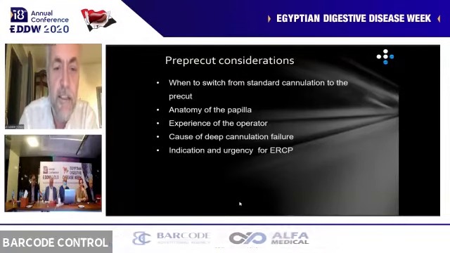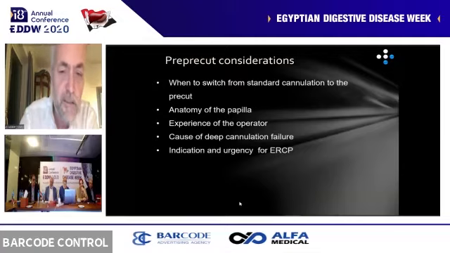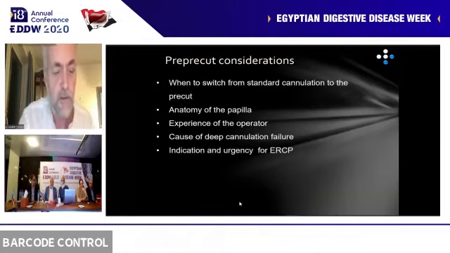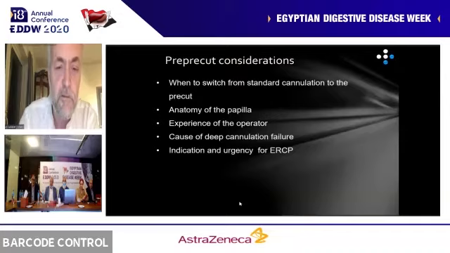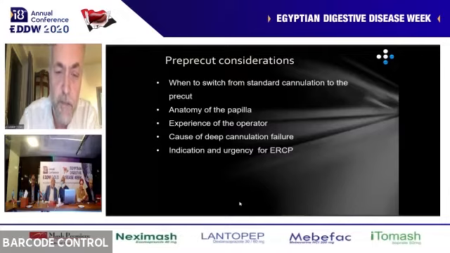The reasons for failure matter as well, because if it's because of an uneasy patient, poor positioning of the scope, lack of time, these reasons may not be good reasons to do a pre-cut. And then finally, the indication and the urgency may matter as well, because maybe it's better to stop and call for a friend and do the procedure some other day.